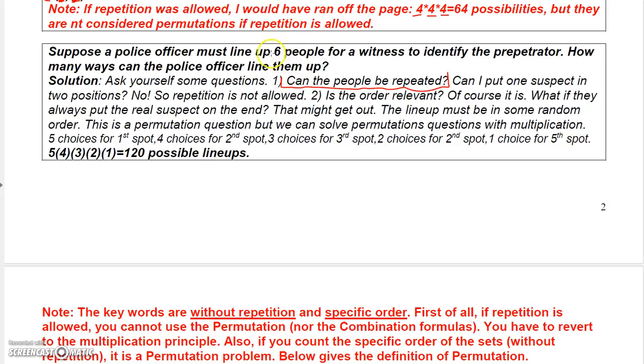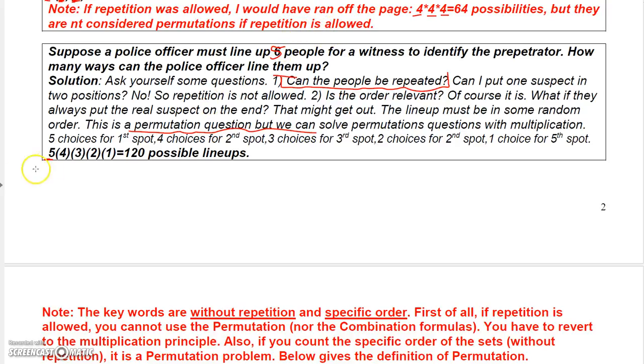So this is a permutation problem, and we can solve it with the multiplication principle. So using the multiplication principle, there's 5 people you can put in the first slot. Okay, and hang on just a minute, this should be a 5, not a 6.